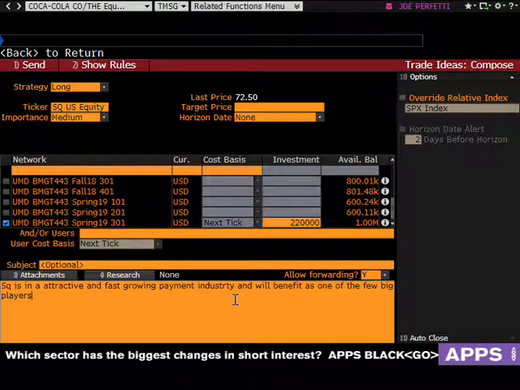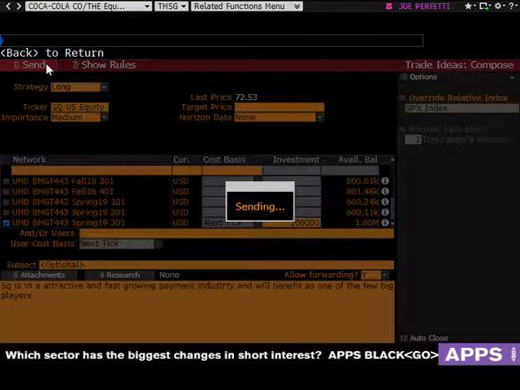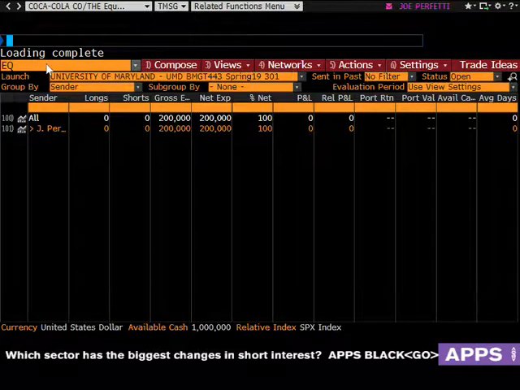All right, I spelled it right. The point is, and I'm going to switch this from 220,000 to 200,000. I'm then going to send it in. I own Square. Now, generally, it'll take 10 to 15 minutes to execute the trade.